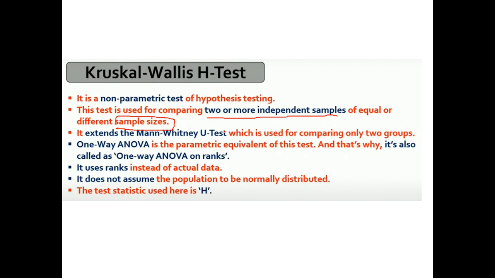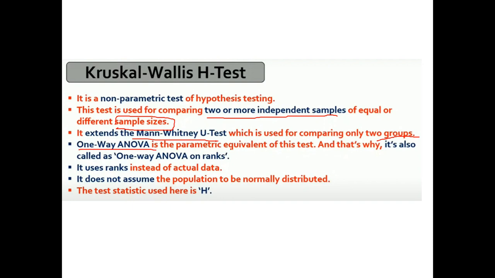It is an extension of ANOVA, or rather it extends the Mann-Whitney test, which was for two groups. Now it is for more than two groups, for example three groups or four groups.